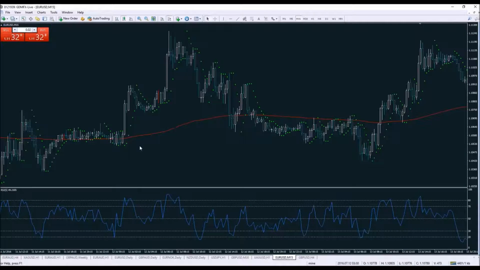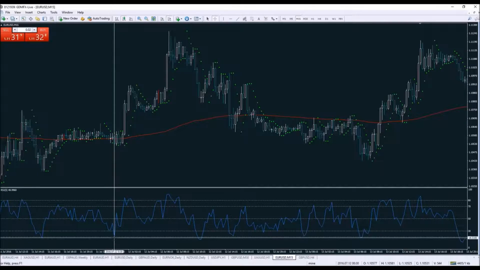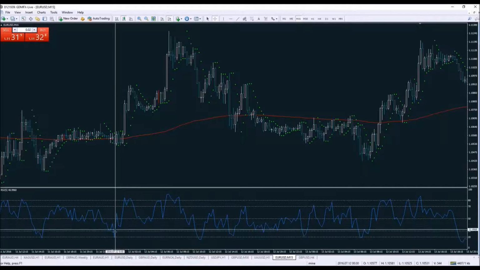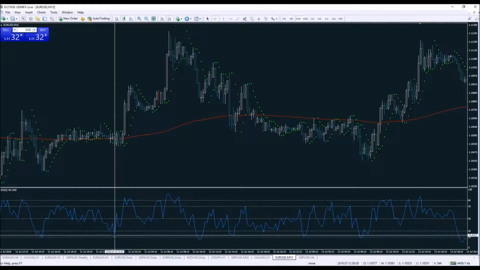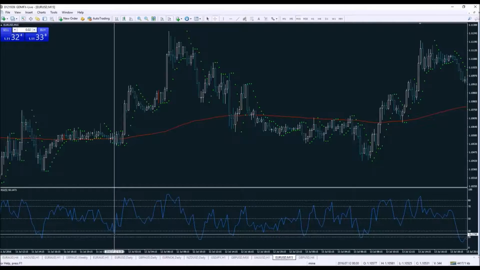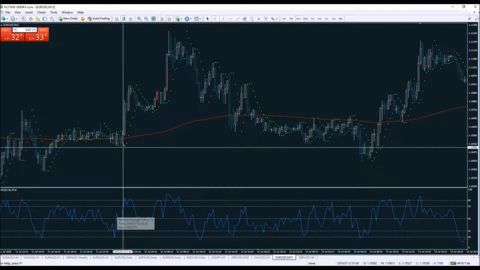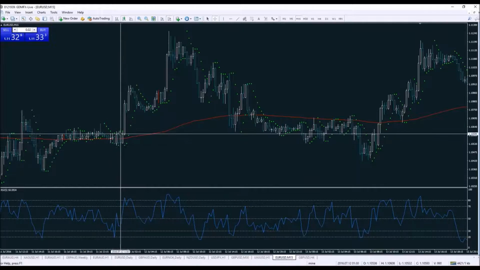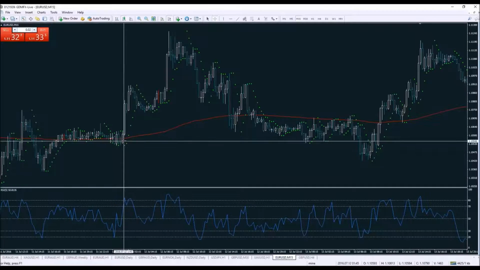Also, here in these conditions, we can see that our RSI is down at the very bottom here, springing up, but the chaotic movement of these candlesticks are preventing us from entering a position.